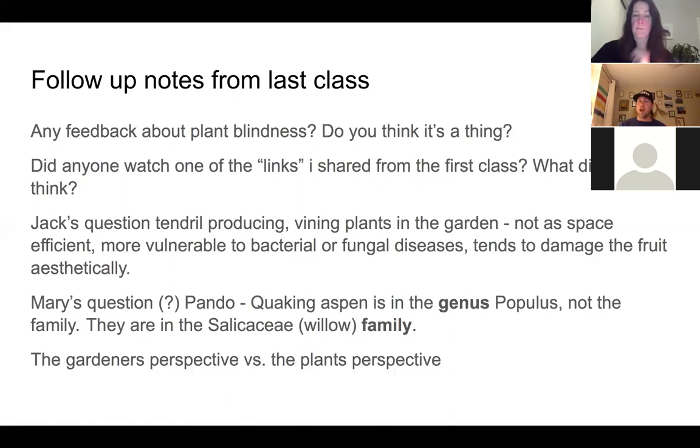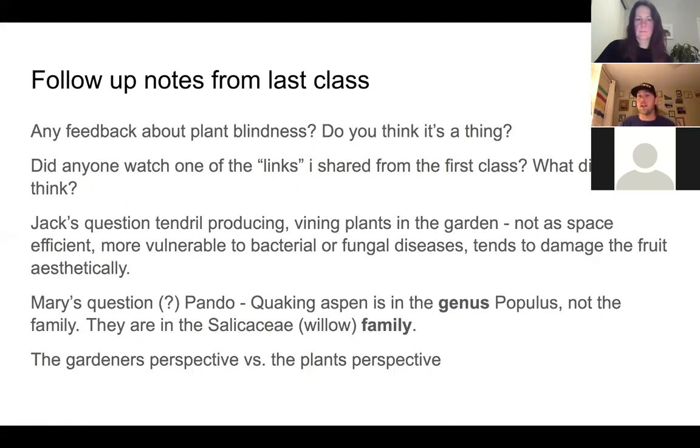But when you have a vining plant that's growing along the soil, it could have the potential of affecting the leaves and the stems, in that its proximity to the soil makes it more vulnerable to fungal and bacterial diseases.